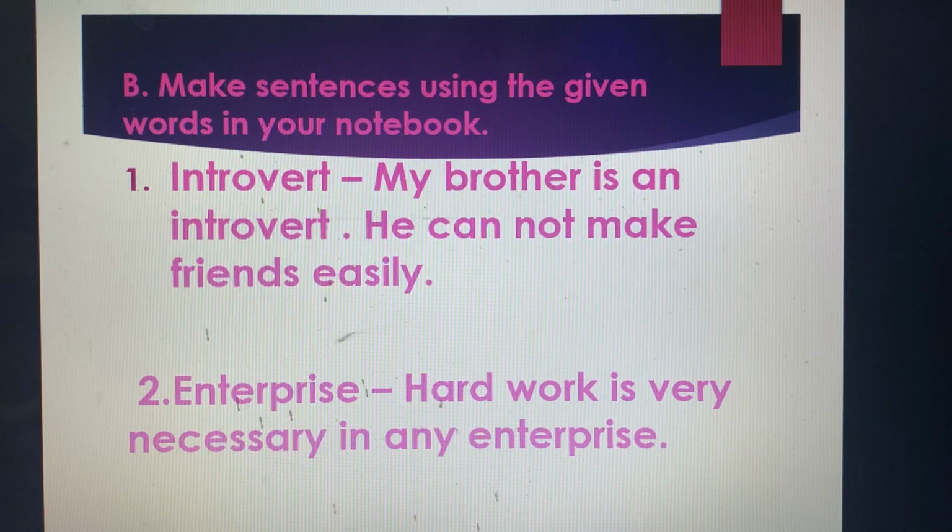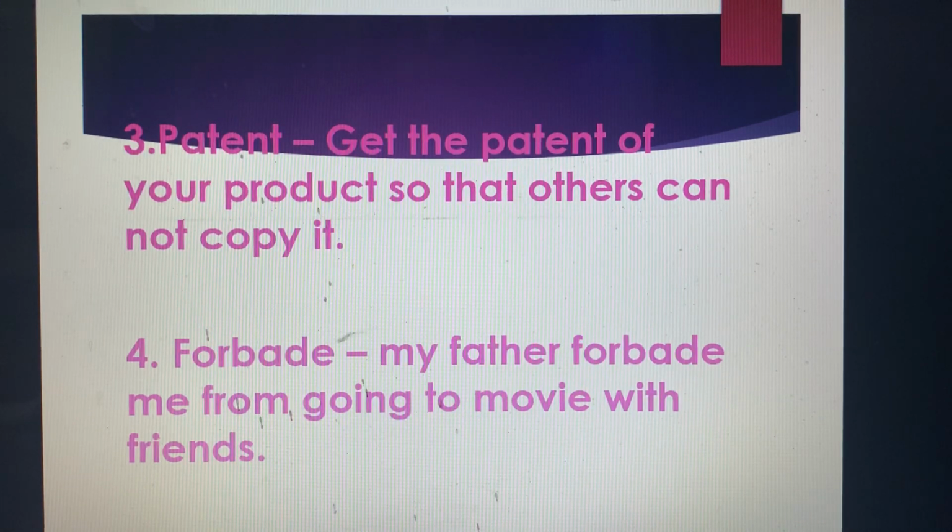First is introvert. My brother is an introvert. He cannot make friends easily. Introverts are the persons who are shy, those who do not discuss easily with others. Enterprise, you all know, means business. Hard work is very necessary for any enterprise. Easy. Then next is patent.